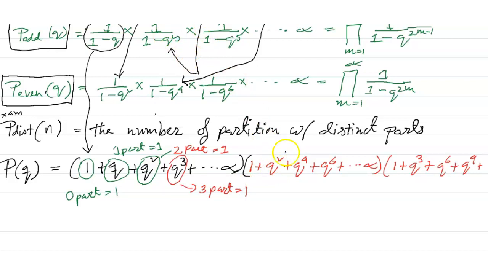And this portion in here, 0 part equals to 1, in here 1 part equals to 2.